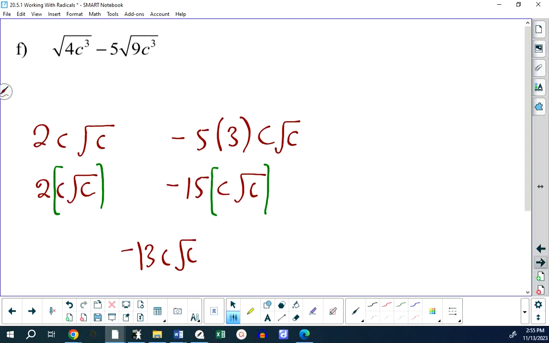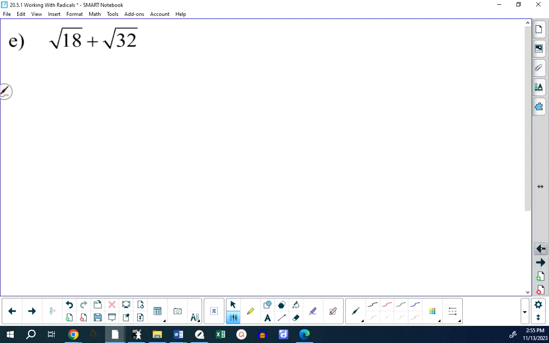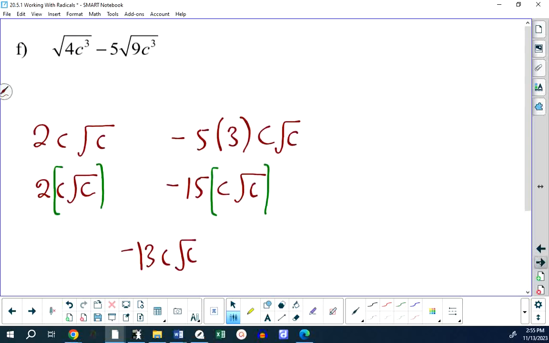And by the way, I don't know if it's asked about restrictions. No, it didn't. But you could put here for this one, c needs to be greater than or equal to 0. Let's try just one more. Let's skip one again and let's go to h.